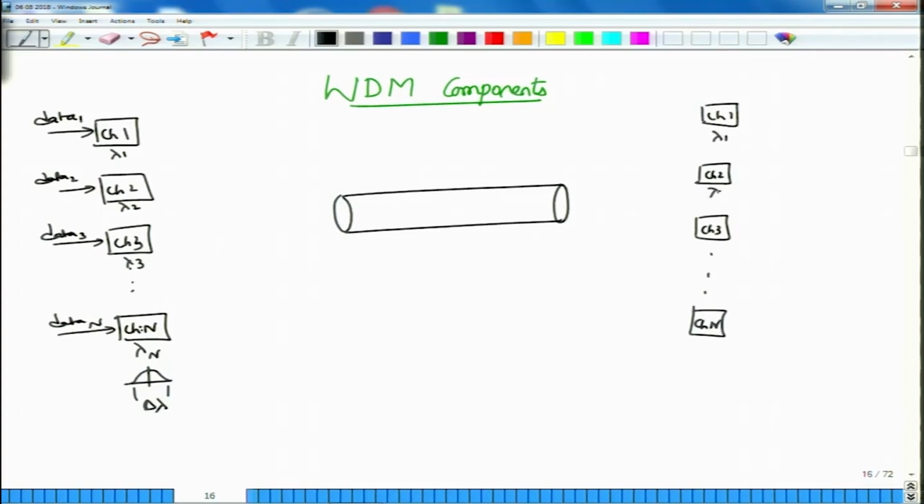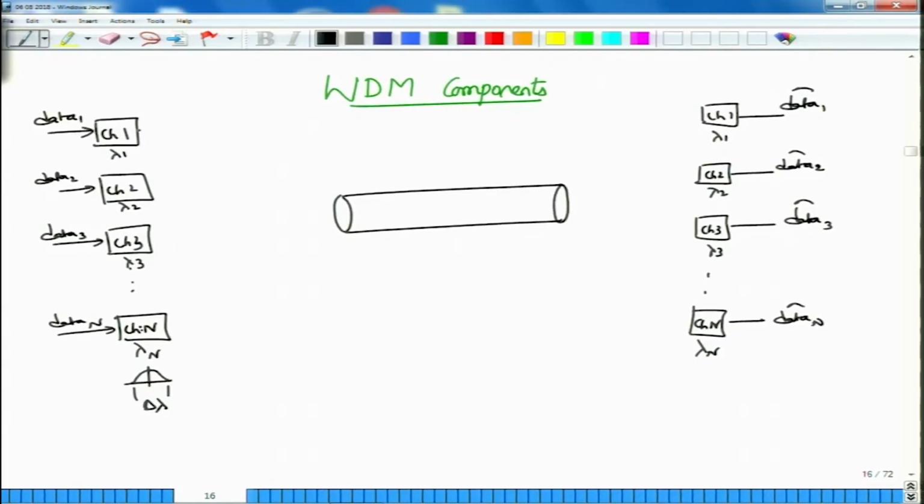Again, these channels are centered at lambda 1, lambda 2, lambda 3 and so on up to lambda n, and you need to be able to get the data out. I will call this output data as data with a hat on top of it to indicate that there are situations where this data may not be exactly equal to the data that you have transmitted because of the errors that have been made.